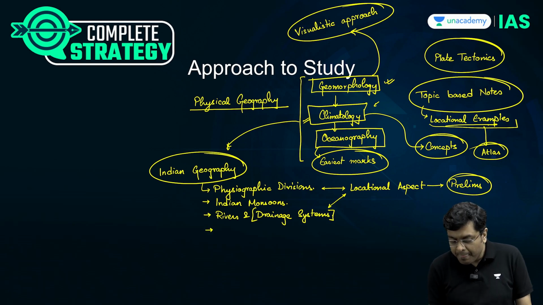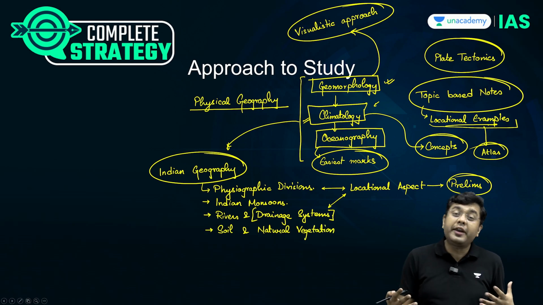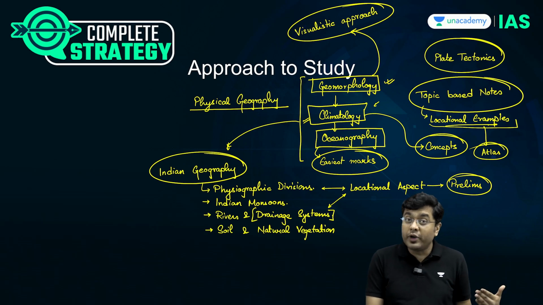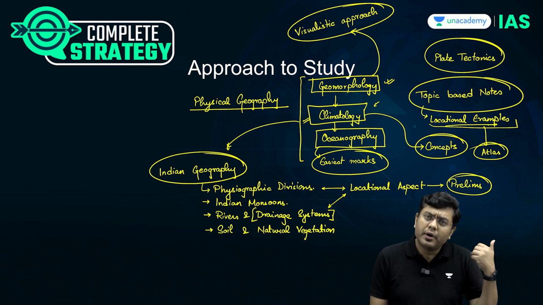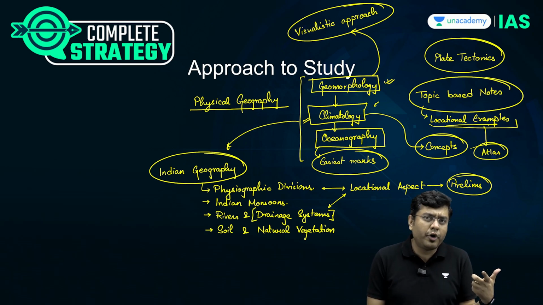Then you have biogeography, that is soil and natural vegetation. How do you approach that? Now when we talk about natural vegetation, there are the conditions, the amount of rainfall required for any kind of forest, equatorial forest, for deciduous, moist deciduous forest.